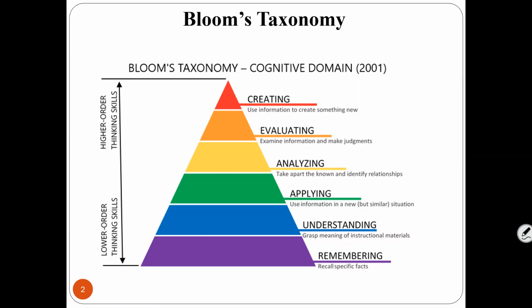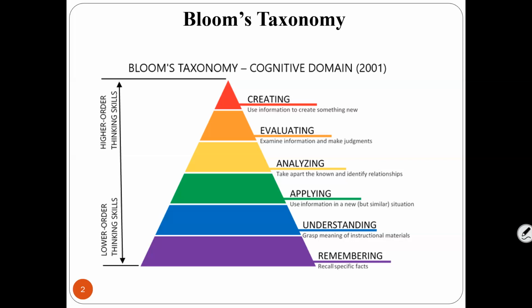One is remembering the basic facts, or understanding, applying, analyzing, evaluating. Whenever we get enough knowledge, the final goal is for us to become some kind of expert in the field. But there are different orders of thinking skills.